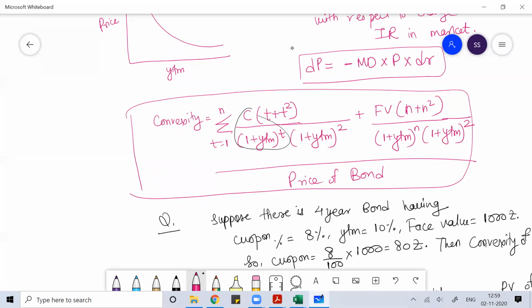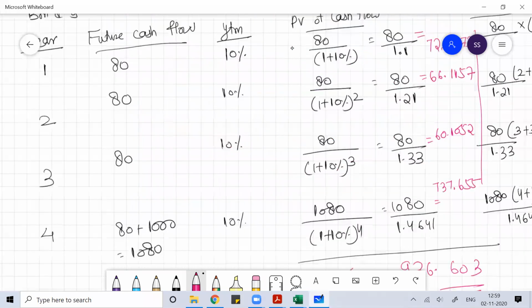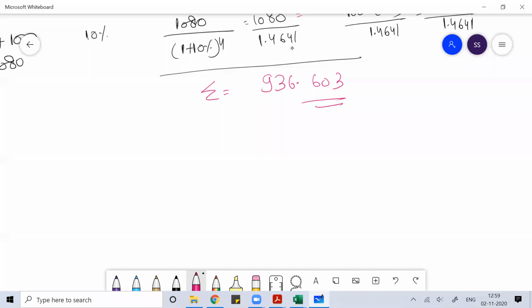Anyone want to ask any question? So you have understood how to determine the convexity, and how to determine the duration of the bond.